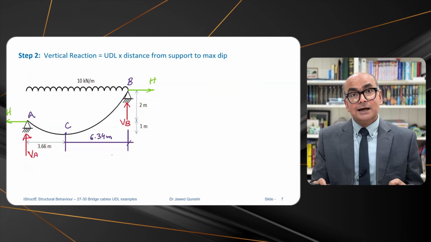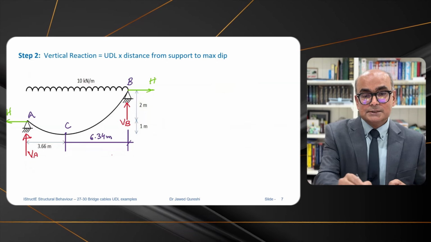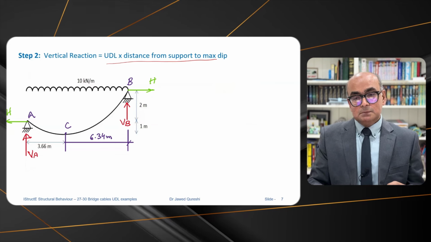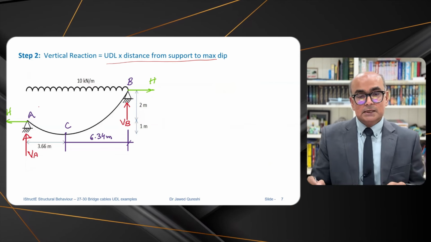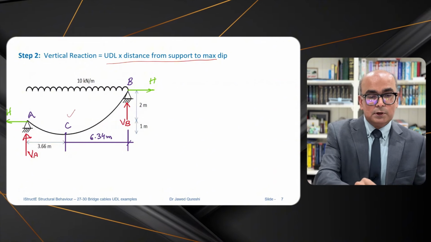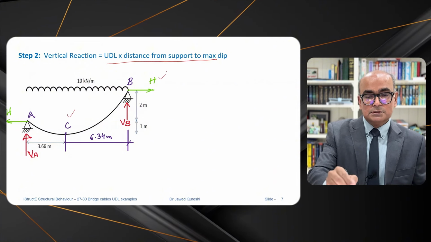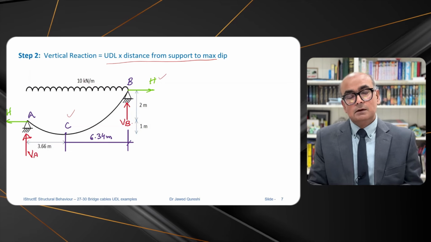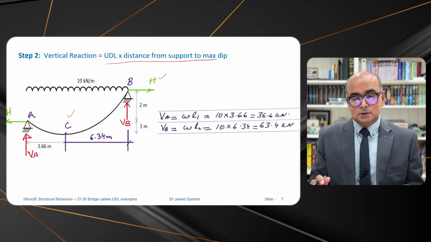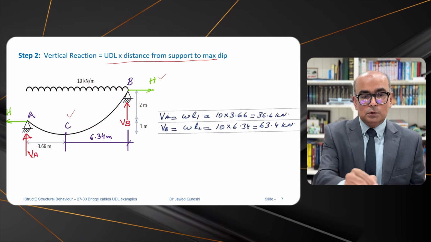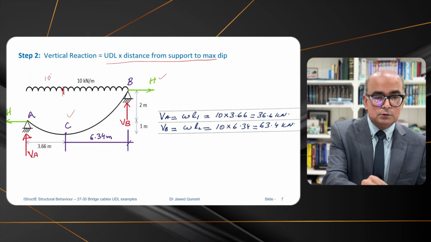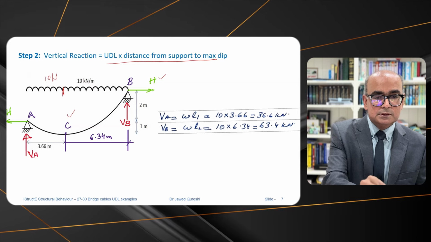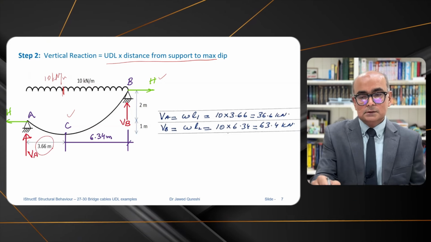Vertical reaction now is equal to UDL times distance from the maximum dip. So here I have labeled these as A and B, and the center point is C. H is horizontal reaction, VB and VA are vertical reactions. So VA is equal to load up to this point, which is 10 kilonewton per meter, times the distance.